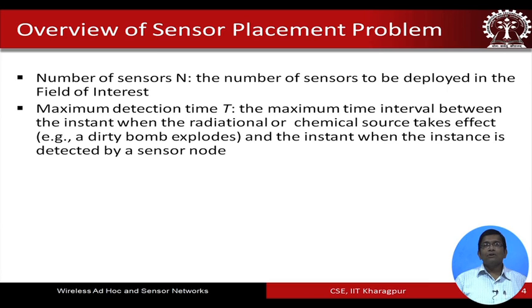When we are talking about a sensor placement problem, there are three different variables. Number one is the number of sensors N to be deployed in the field of interest. Number two is the maximum detection time T, which is the time that elapses from the instant a particular event occurs until the instant when that event is detected by at least one sensor node.